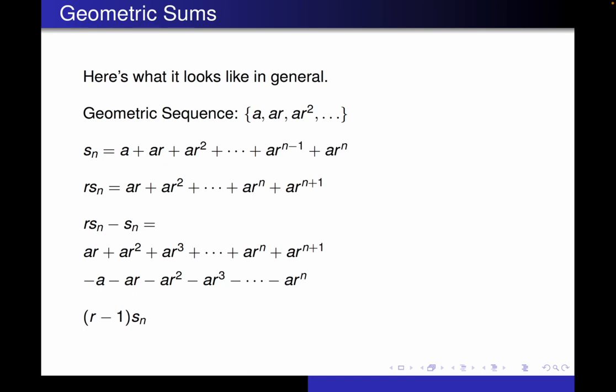As before, everything cancels except for 2 terms. There's that a times r to the n plus 1 that survives on the top, and on the bottom, that minus a survives as well. Now we can divide both sides by r minus 1 to get Sn equals a times r to the n plus 1 minus a, all over r minus 1.